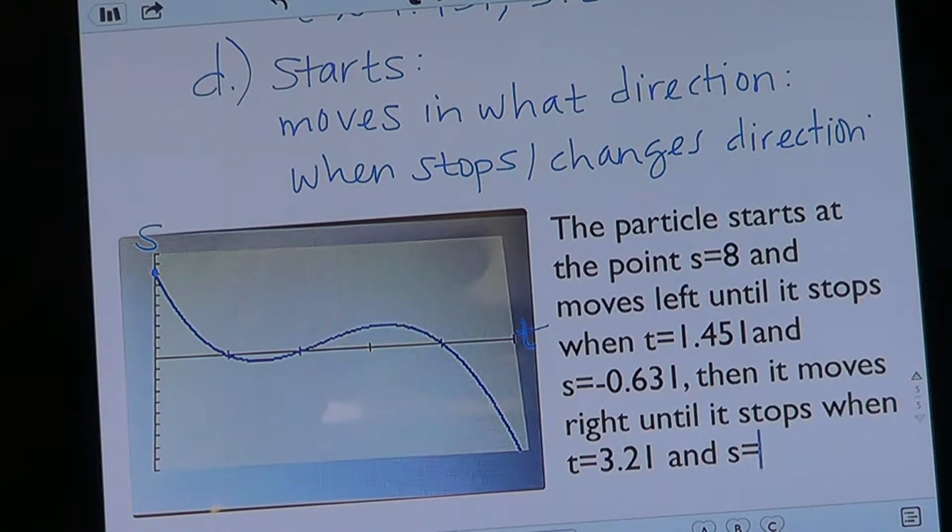If you go back to calc, maximum, and then do the left side of that part of the curve, and the right-hand side of that part of the curve. And then guess, what do you get for the y value when x is 3.21?